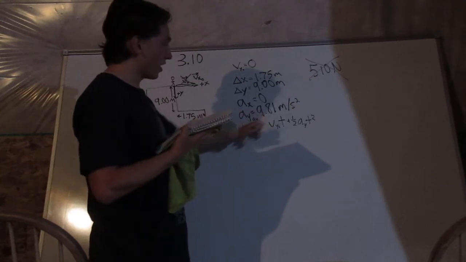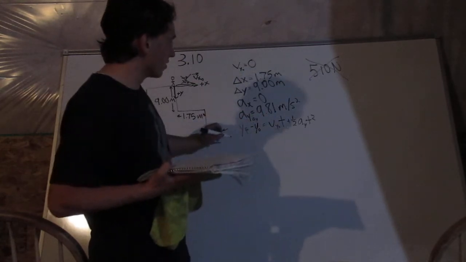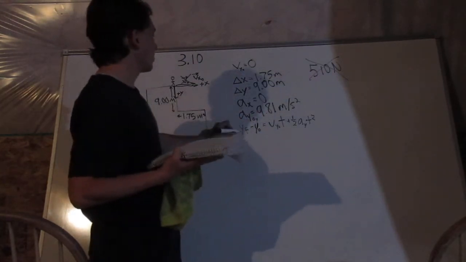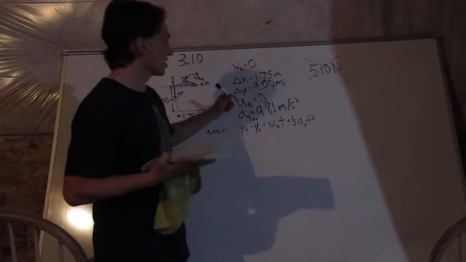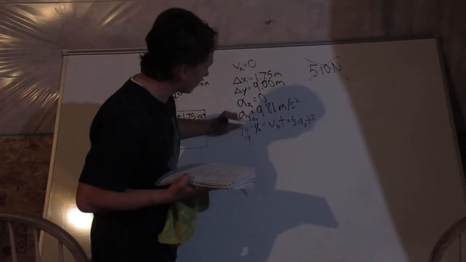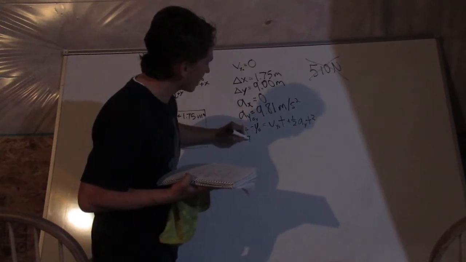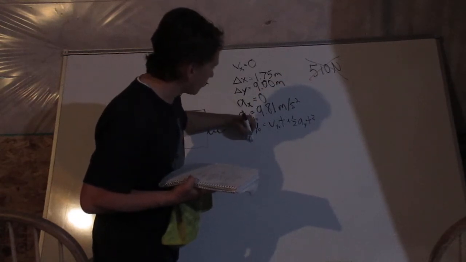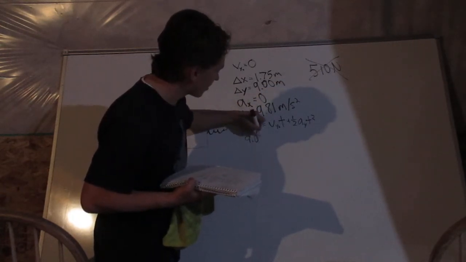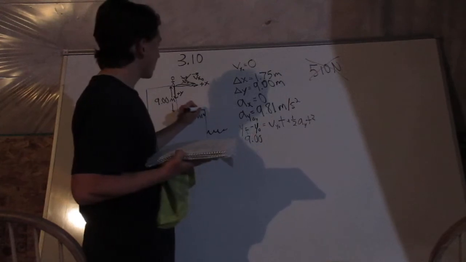So all we have to do now is plug things in. We know y final is going to be 9.0. That's the distance we're traveling, really, so this whole thing is going to come out to be 9.0, this delta y, but I'll write it out anyway, in case you want to solve it this way. She's going to be at this point.